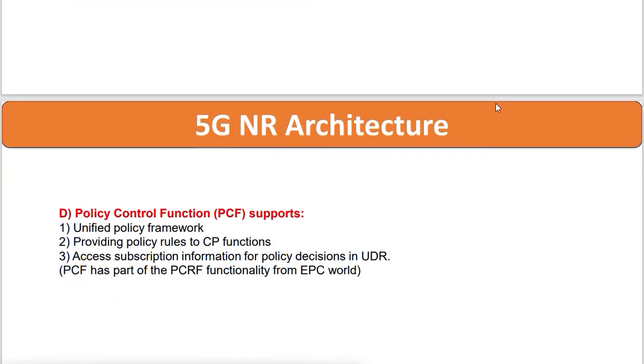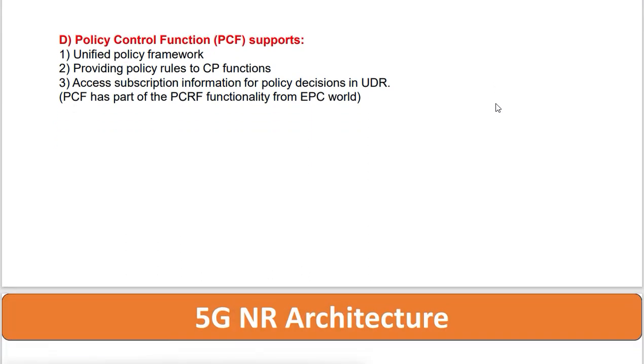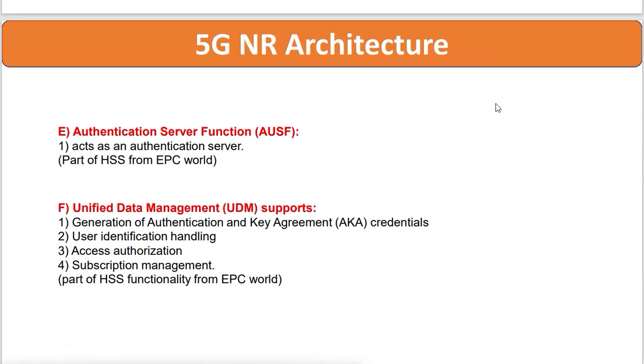Next component is the policy control function, which is the same as the PCRF in LTE, and its functioning is a unified policy framework, providing policy rules to control plane functions, and accessing subscription information for policy decisions in UDR. Next item is the authentication server function.